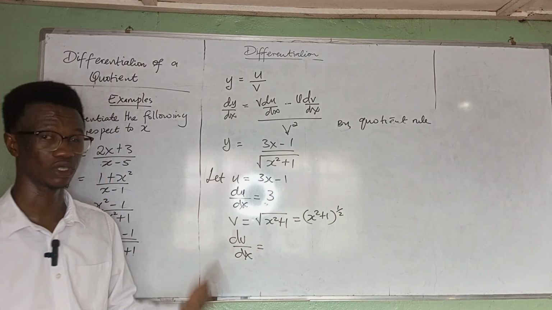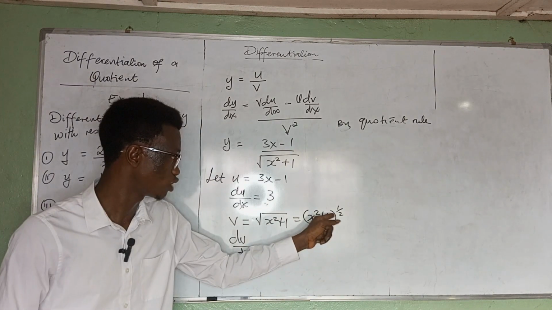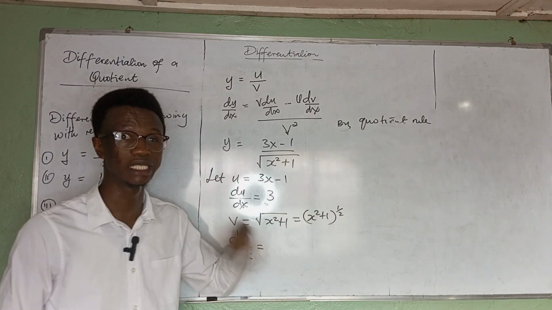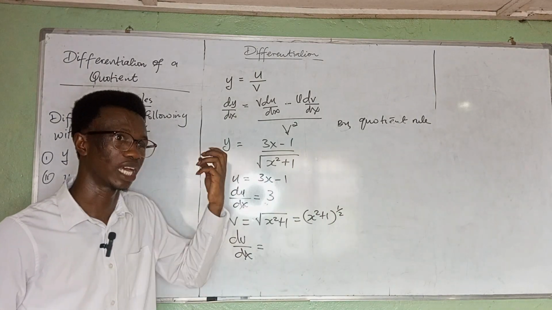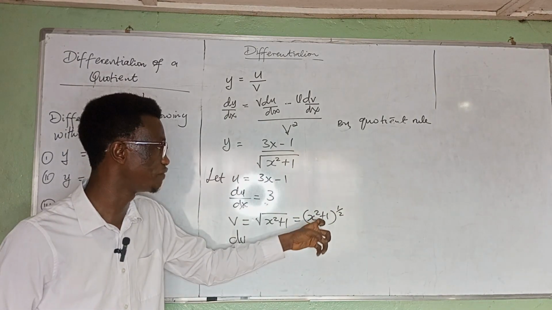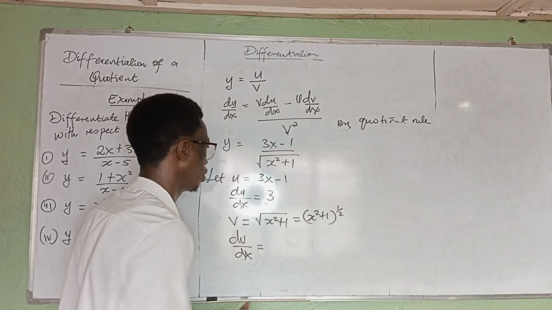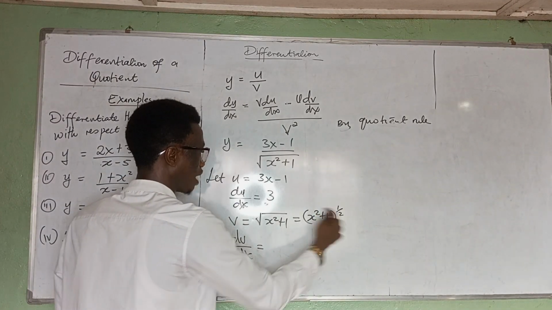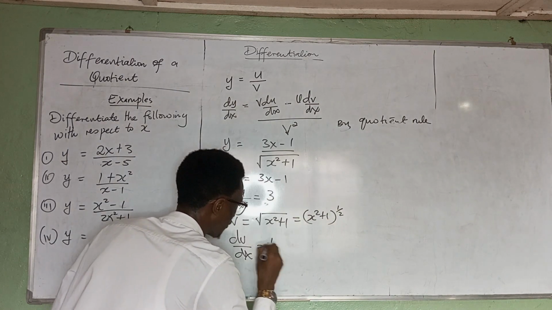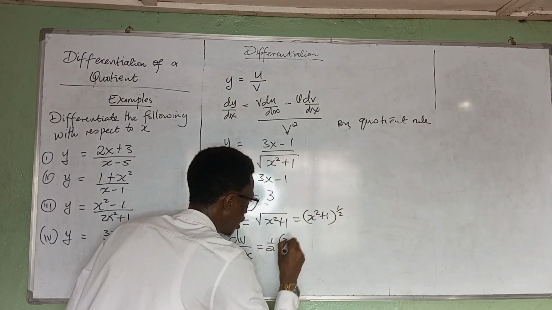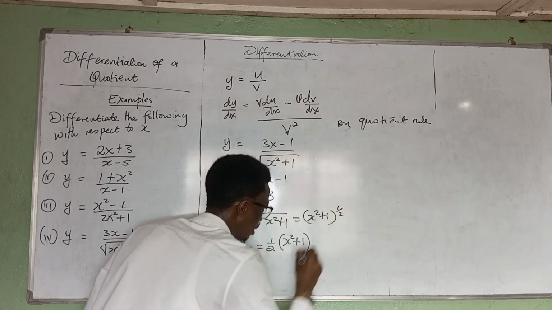But again, first you differentiate the whole of this as a single unit. Once you are done, because there's a variable x, you differentiate again what's inside the bracket. So that becomes half into x squared plus 1.